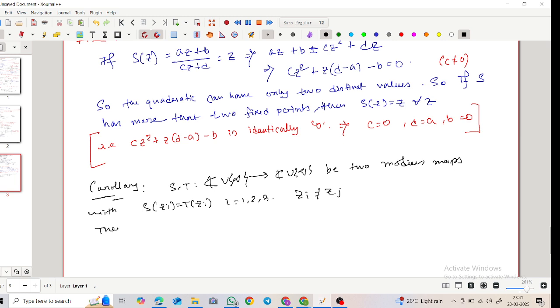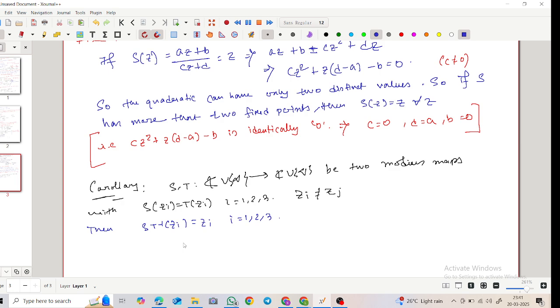Then S T inverse of zi is zi for i equals 1, 2, 3.